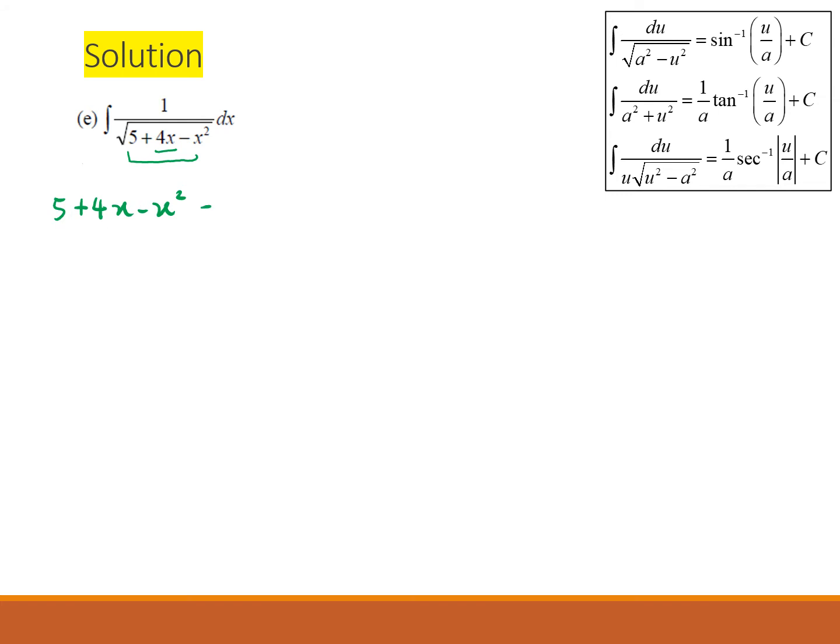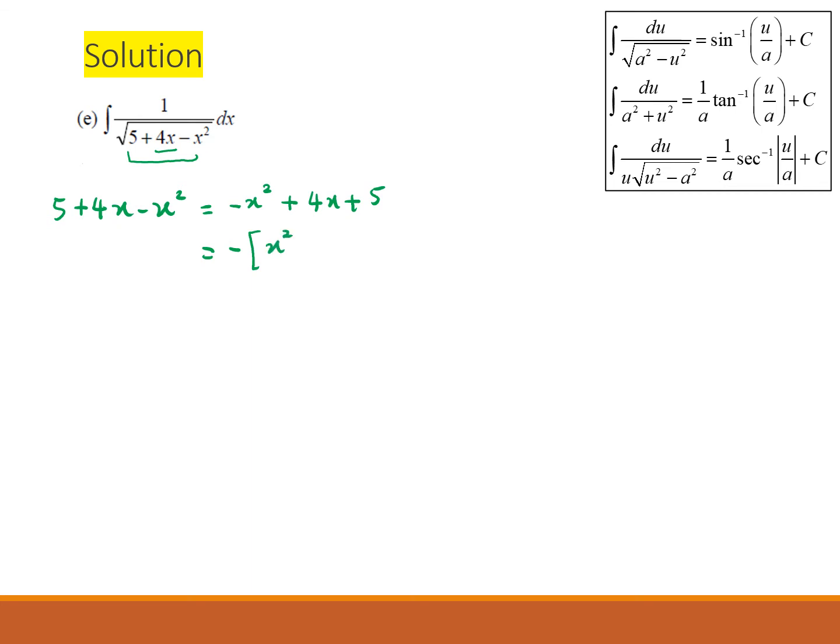So first, I will rearrange this equation. First, I will write x squared plus 4x plus 5. And then I factorize the negative out, so that it is easier for me, so that the coefficient of x squared is positive 1.